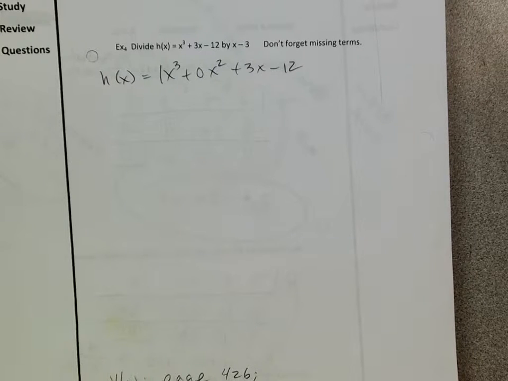Okay, I have a 1x squared plus a 3x plus a 12 plus a 24 over x minus 3. The remainder is 24? Yes. Did you get 24? Yes. Nice.